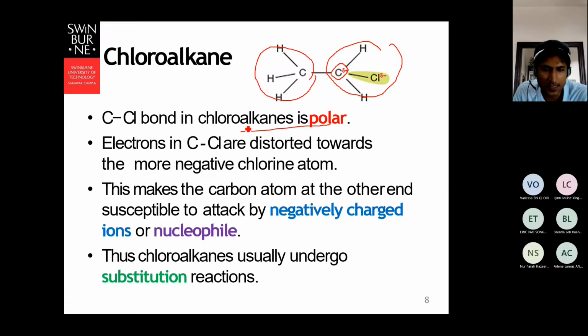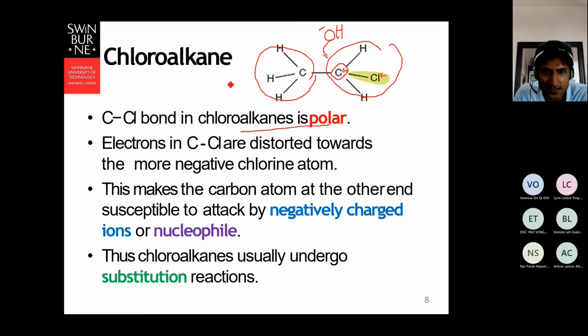Since it becomes polar, it will draw the electron more towards it, and thus the charge density started. Since the charges are different, positive and negative, what will happen is this carbon, since it is positive, attracts negative ions, let's say the hydroxyl ion, which is a negative one, just as an example.